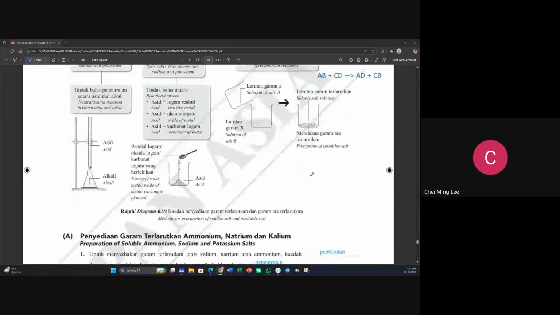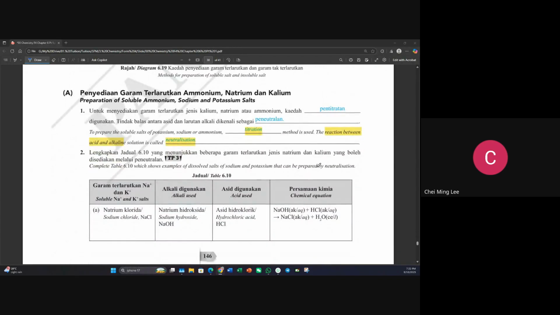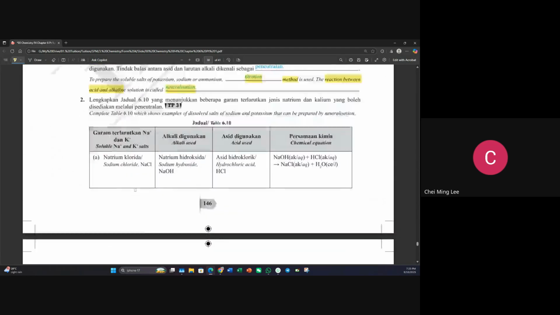Let's see the next one: the preparation of soluble ammonium, sodium, and potassium salt. We use the titration method, like I just mentioned, where the reaction between the acid and alkali is called neutralization.